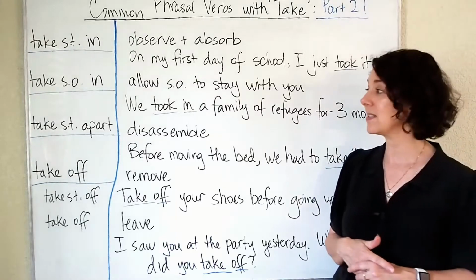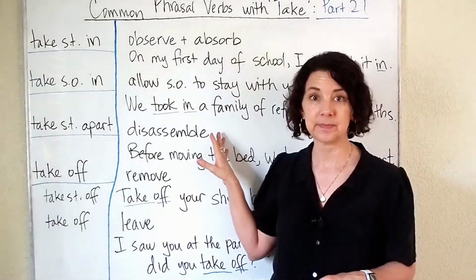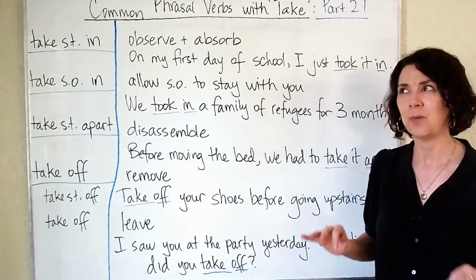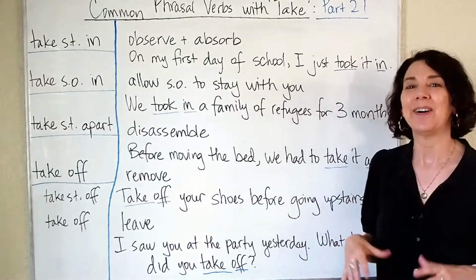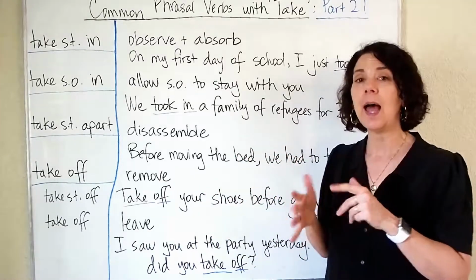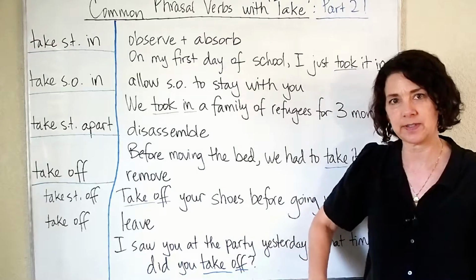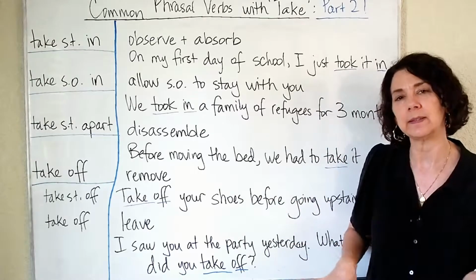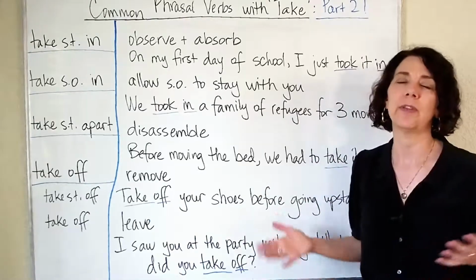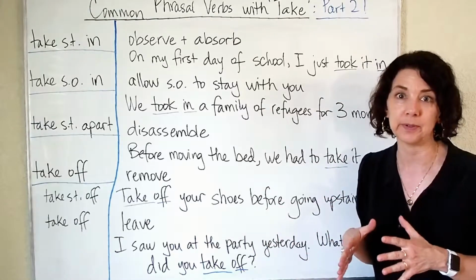Okay, next, to take something apart. To take something apart means to disassemble. What is disassemble? Well, when we put something together, we build something and then take it apart. So take all the pieces apart. It's the opposite of put together or the opposite of assemble.